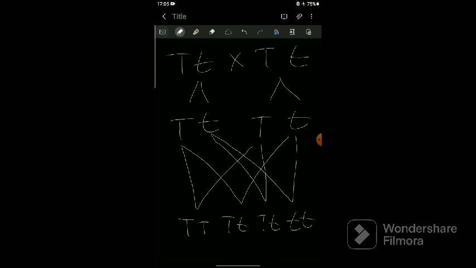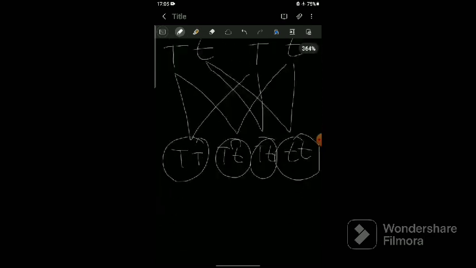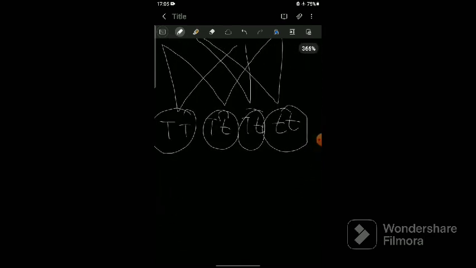Now see over here, the interesting part, there are two situations of homozygosity and there are two situations of heterozygosity, right? Now the thing is that this is a tall plant, this is also a tall plant, this is also a tall plant, but this is a short plant. Why such? Because there are two dominant characters over here, so it will be a dominant plant.